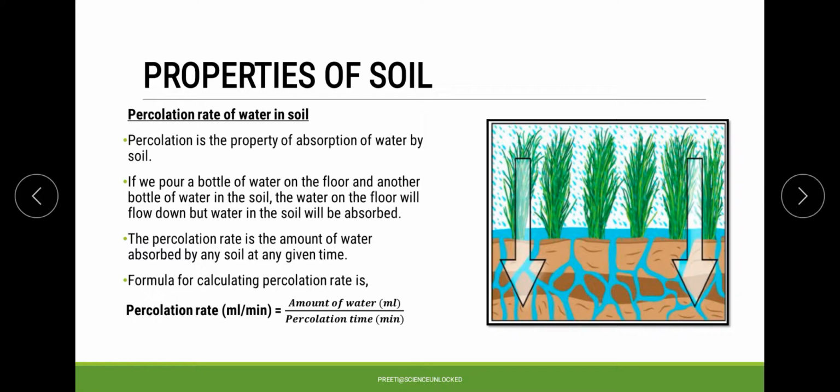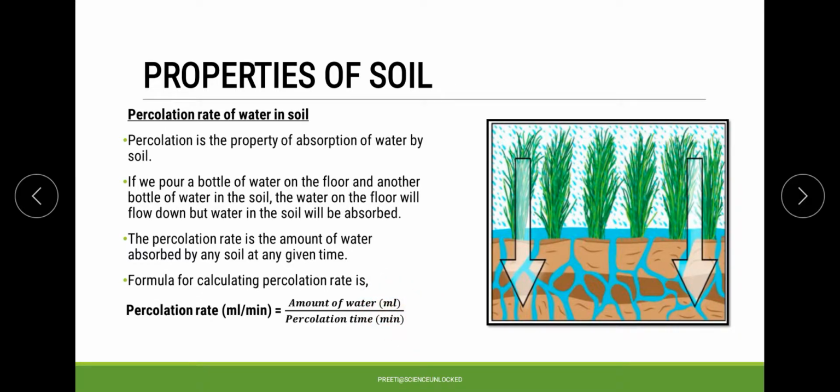For this particular property of the soil, we have a specific formula which talks about the amount of water that is absorbed by soil in milliliters in a specific unit of time, that is 1 minute.